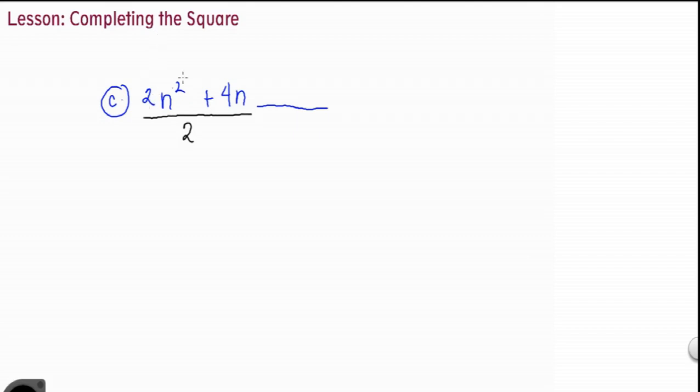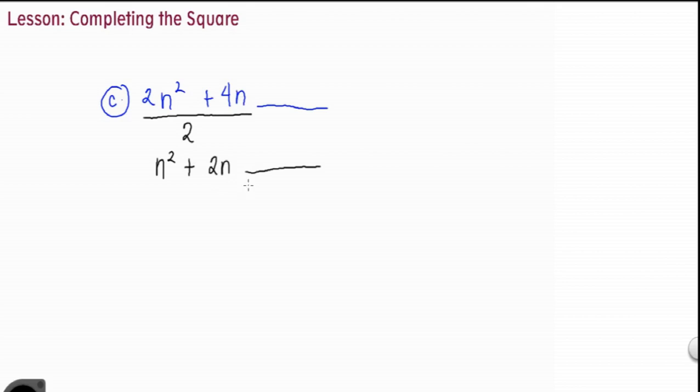Okay, so now as we continue, 2n squared divided by 2, that is n squared. Okay, so the 2 disappeared. And for the next term, 4n divided by 2, that is 2n only. And then, we still have the missing term here.